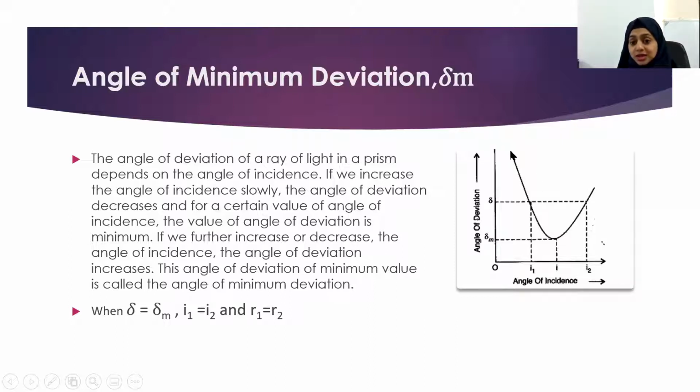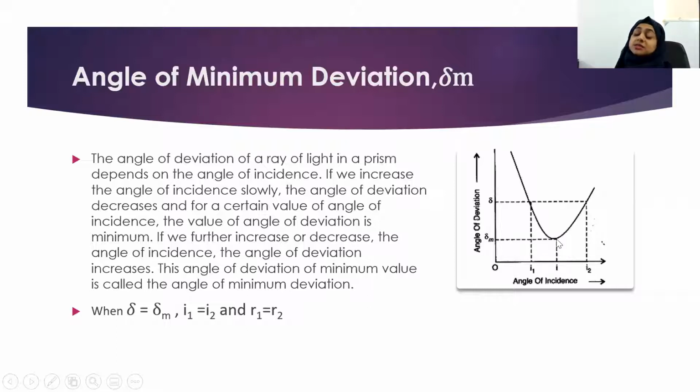So when you increase the angle of incidence, what happens? As the angle of incidence increases, in the beginning, the angle of deviation decreases. See, as the angle of incidence increases, the angle of deviation is decreasing. But for a particular instance, the angle of deviation is a minimum, which is represented by delta m.